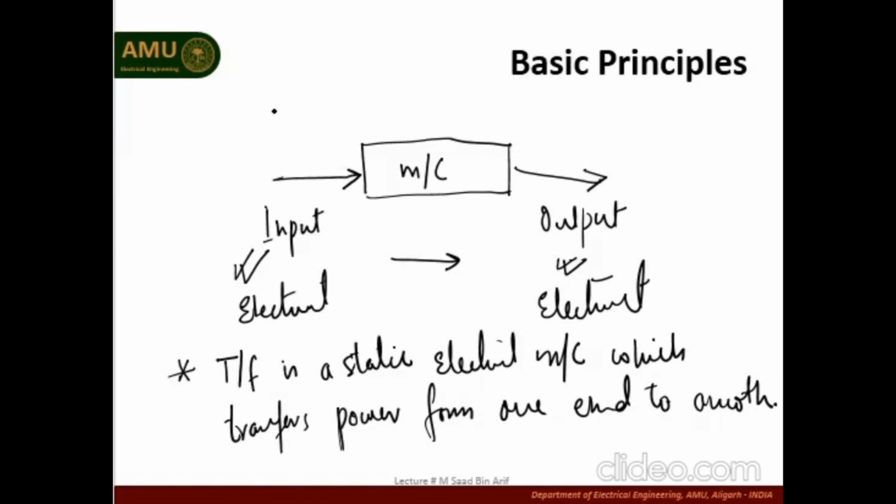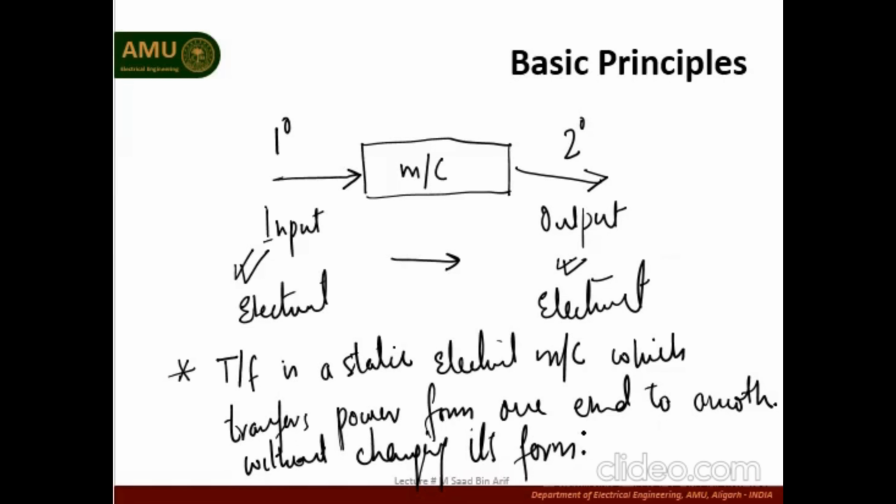Usually at the input side we call it primary and the output side we call it secondary side. So the power transfer takes place from primary to secondary without changing its form, that is, without changing its electrical form.